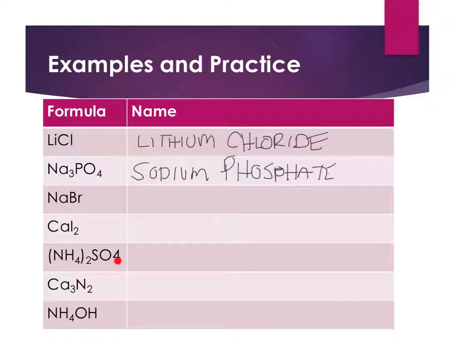So this is the sulfate ion, right? Other than that, everything looks good. There's a mixture of binary compounds and ternary compounds. So when you're ready, stop the video, write the information down, work the problems, and then restart to get the answers. So stop the video now.